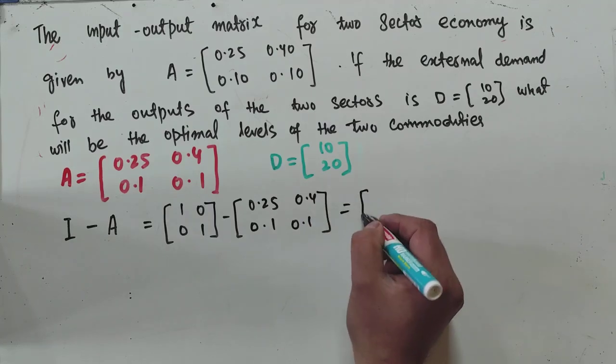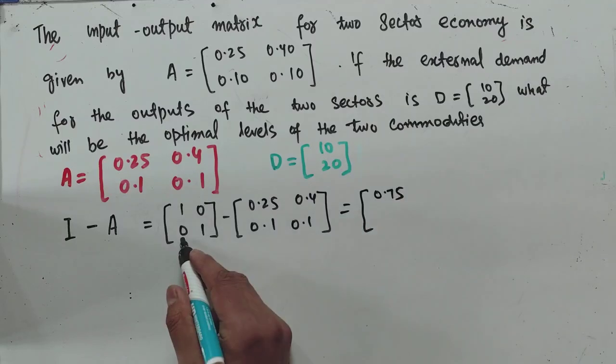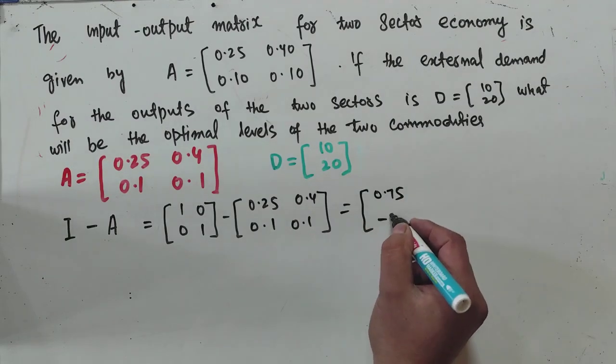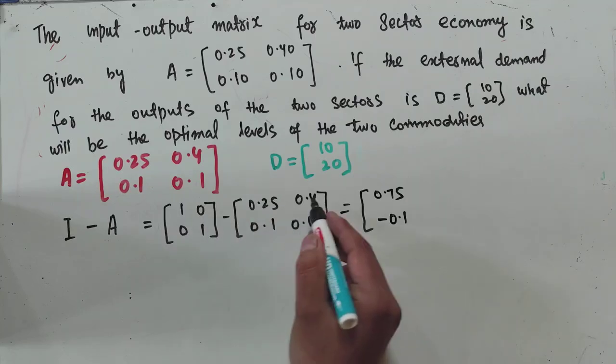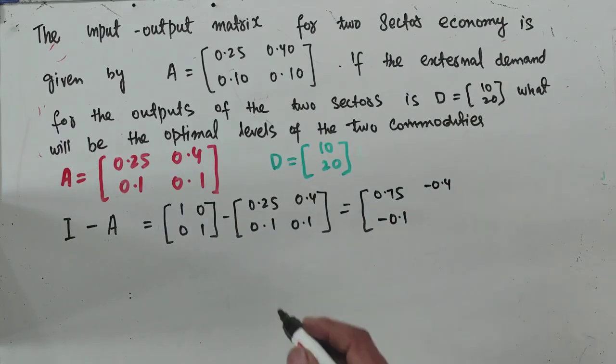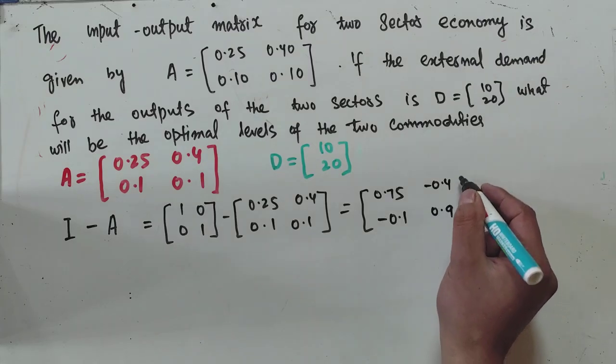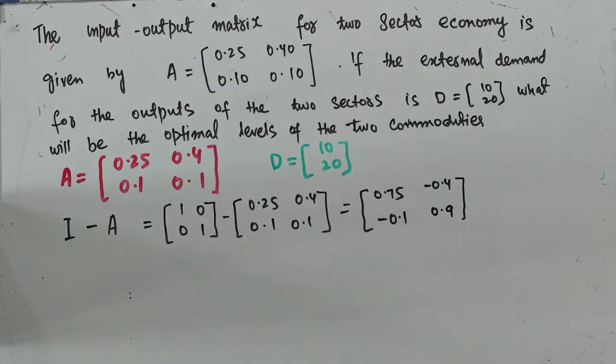So we will get 1 minus 0.25 is 0.75, 0 minus 0.1 is minus 0.1, here we also have minus 0.4, and here 1 minus 0.1 is 0.9. Okay, this is our Leontief matrix.